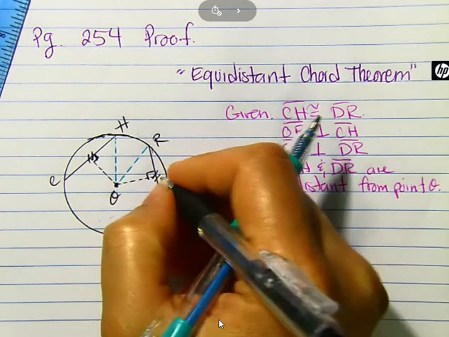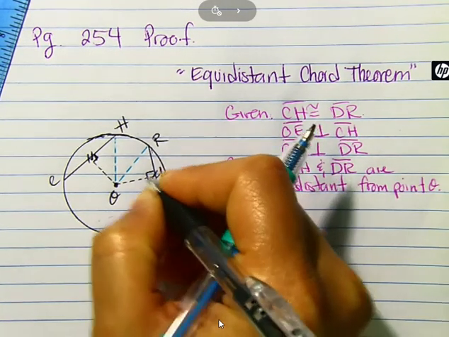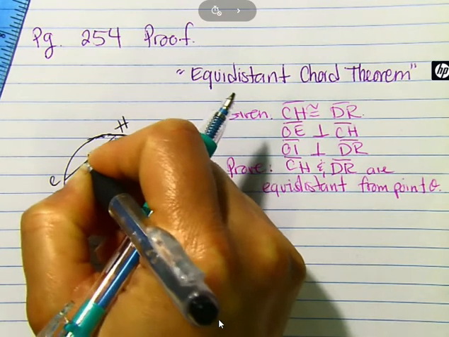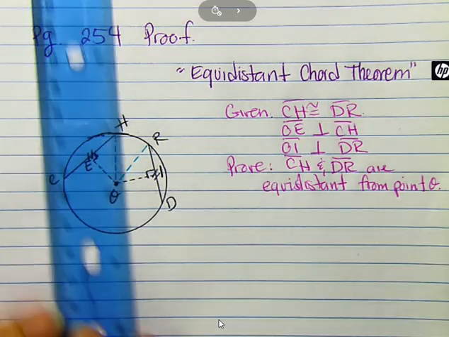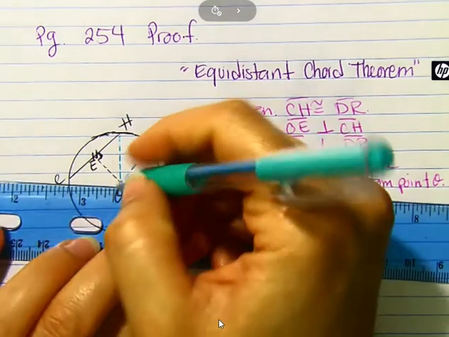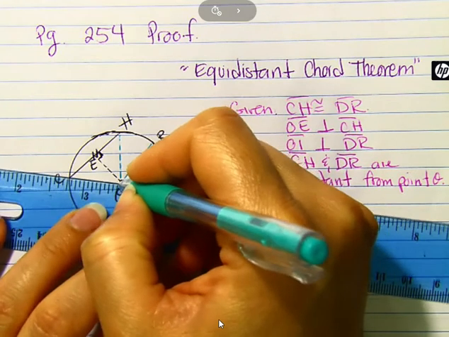Let me mark I and E. Well, this triangle right here that I have constructed, I can't really prove yet, but what I can prove congruent is a bigger triangle in this circle right here.